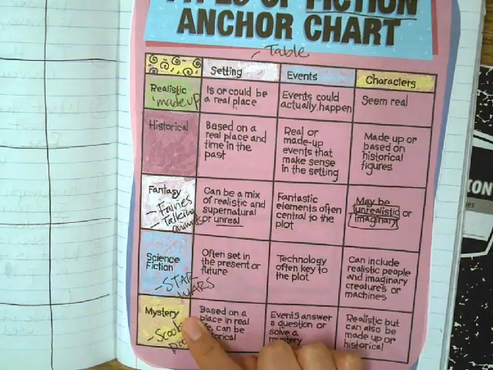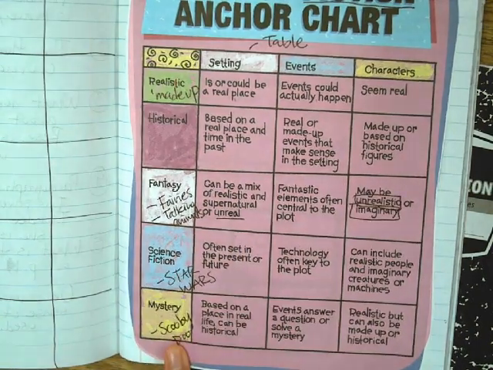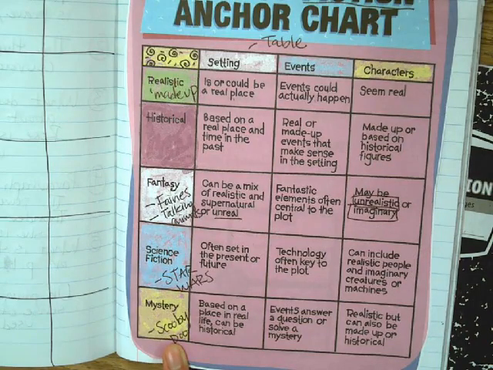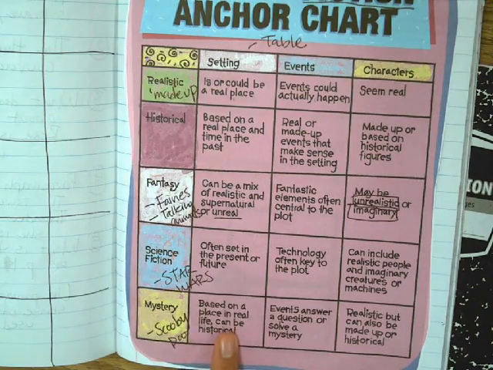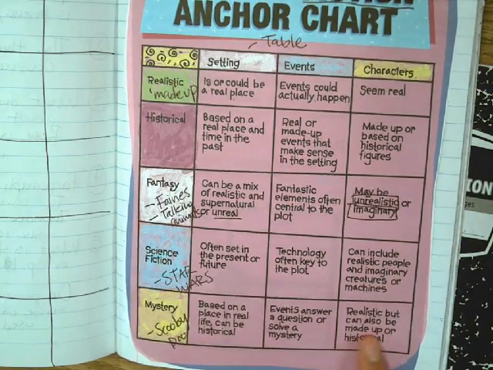All these other ones are pretty simple. I made references to, for mystery, Scooby-Doo. You know, we have the talking dog, the dog that's really animated and sometimes has human features. So that's based on a place in real life, but can be historical, realistic, but can also be made up.